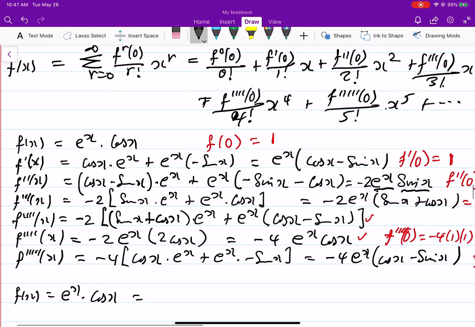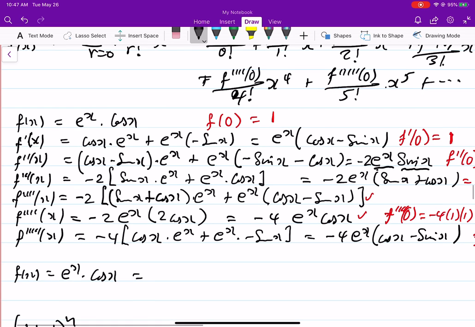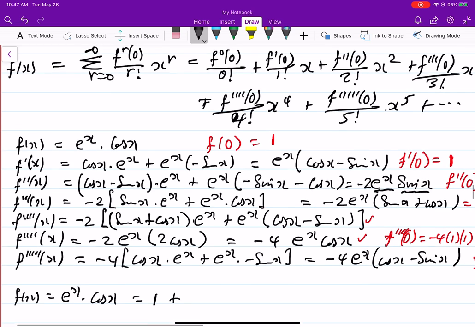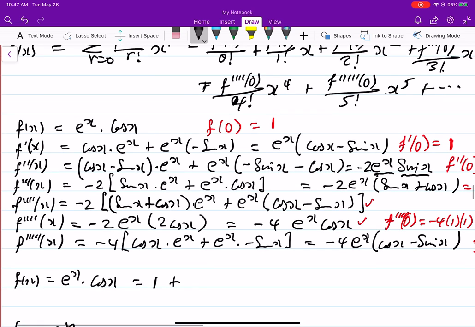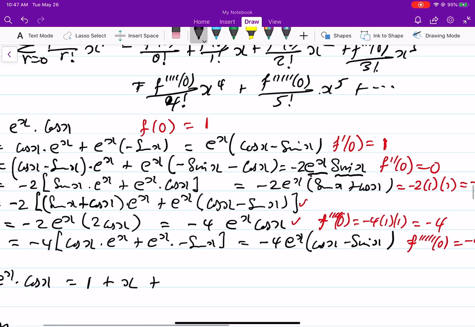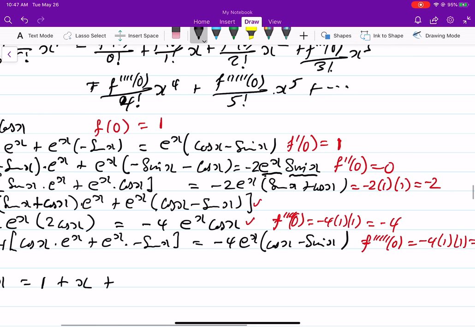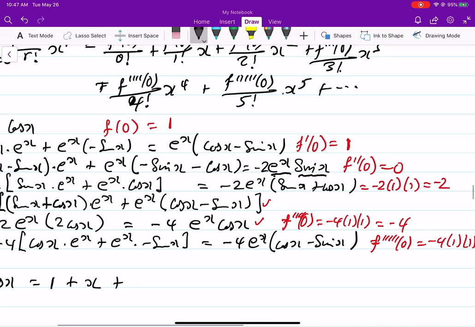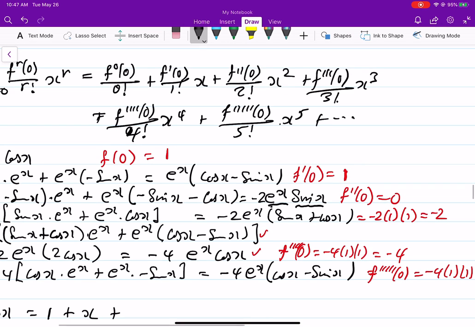F of 0 is 1, over 0 factorial, so all that's 1, plus f prime, that was also 1. 1 upon 1 factorial is 1 times x, so that's x, plus f double prime. F double prime was 0. That's strange. Why is that the only one that disappeared? Okay, so this one disappears.